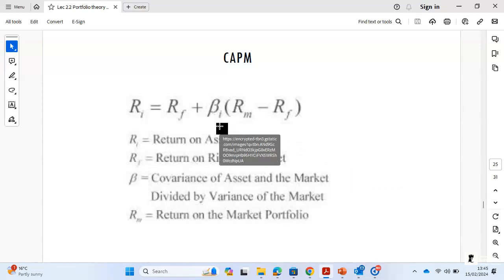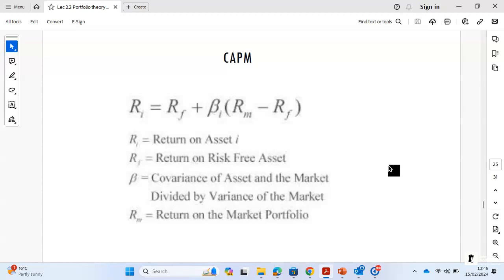The term beta is important here. Beta measures the covariance of the asset and the market, divided by the variance of the market. So beta measures the systematic risk of the stock.